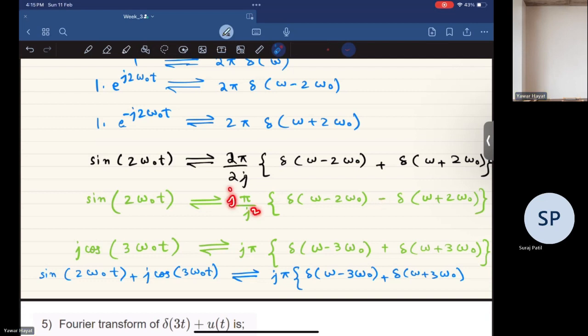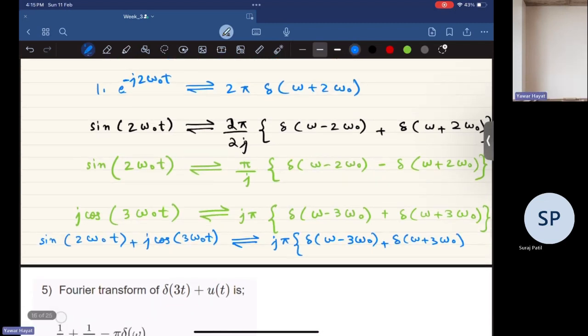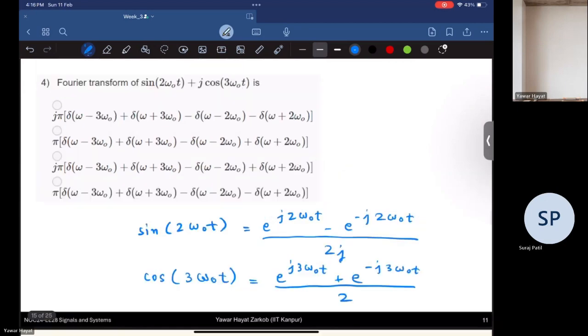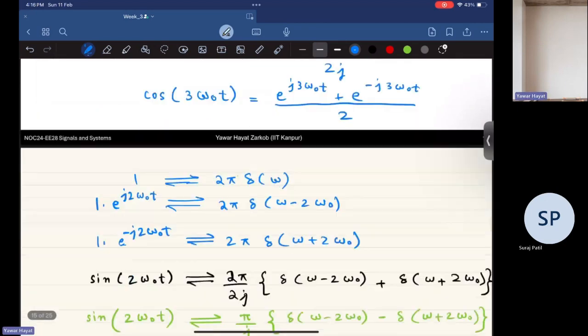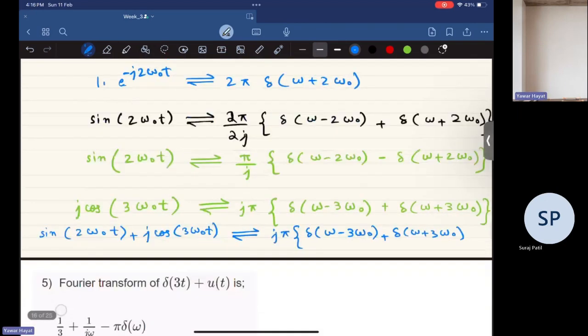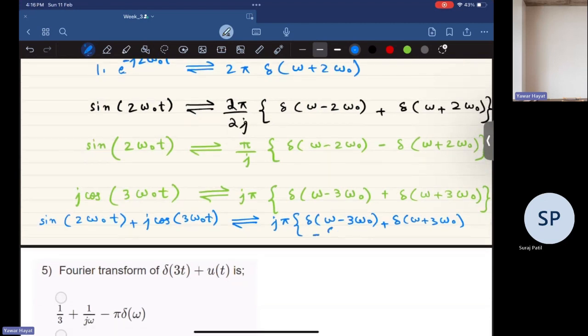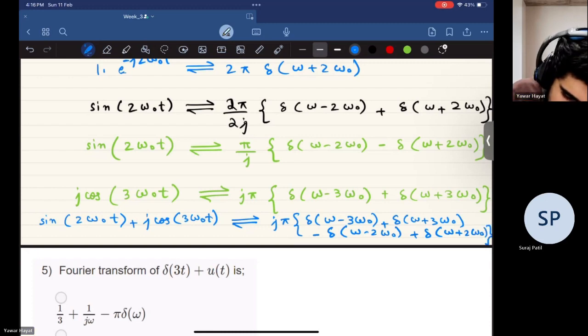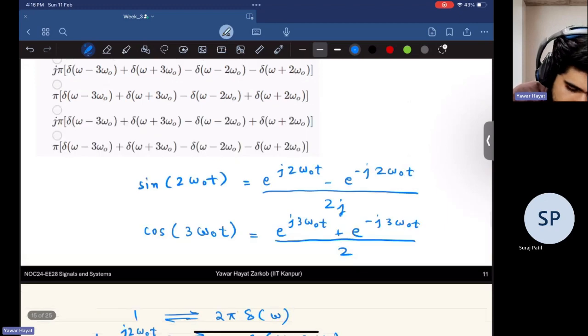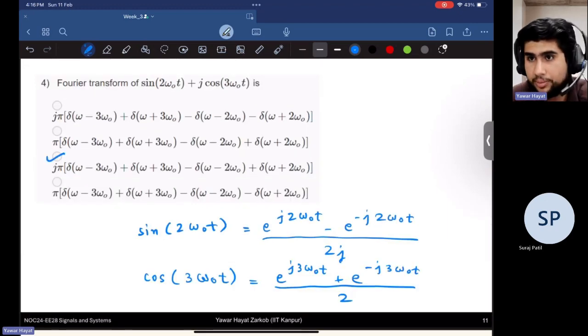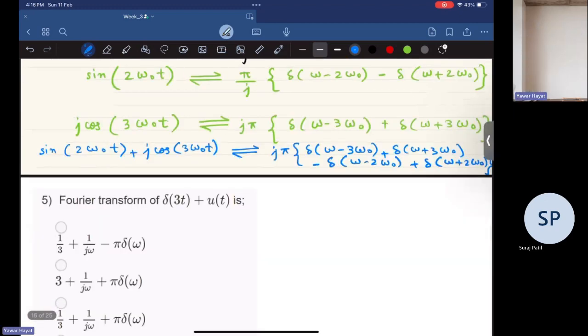Because this would be this. So there would be a negative sign for this one. So minus delta of omega minus 2 omega naught and a positive sign for delta of omega plus 2 omega naught. And this is option C. Okay, so option C is correct.